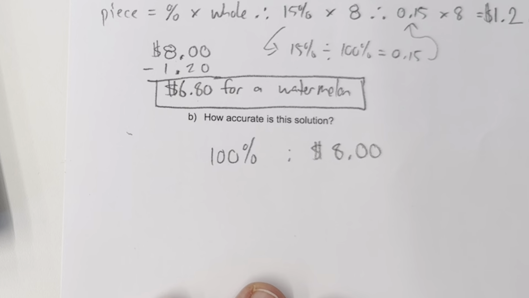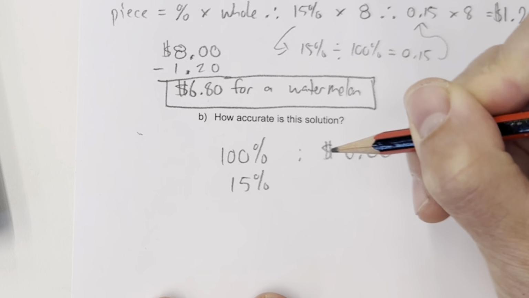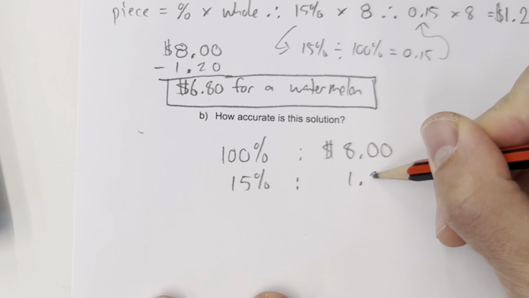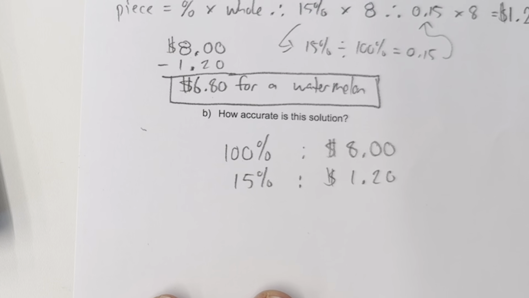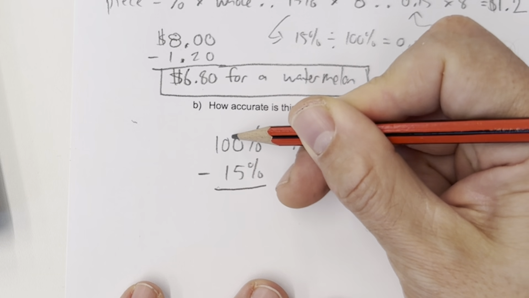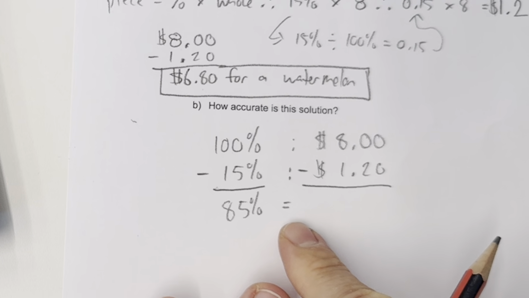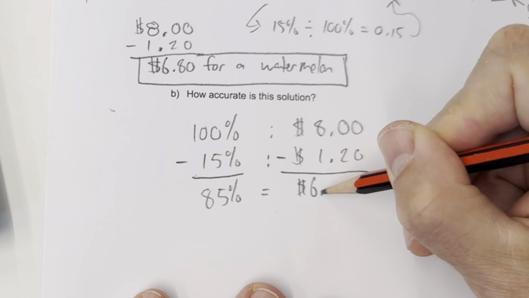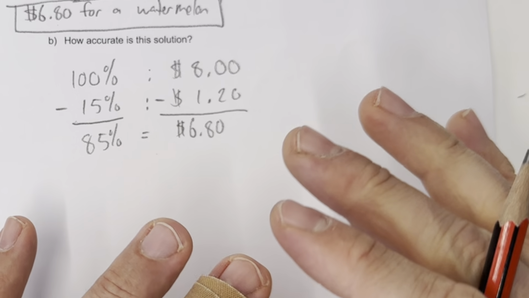And if I took 15%, that 15% had a value of $1.20. Okay? And if I kind of subtract these, I would get left with 85%. And so I know that 85% should be, what's my new price? $6.80.